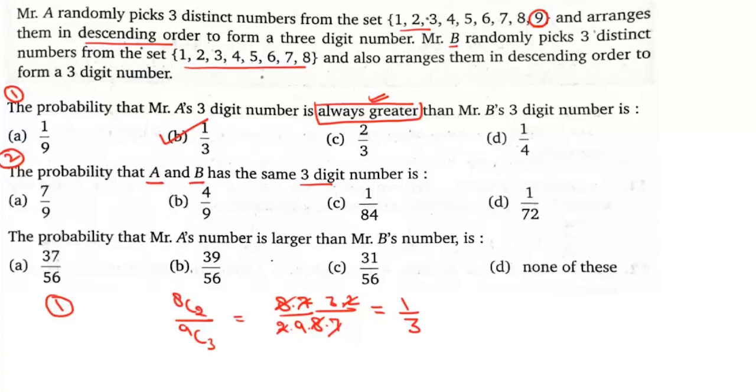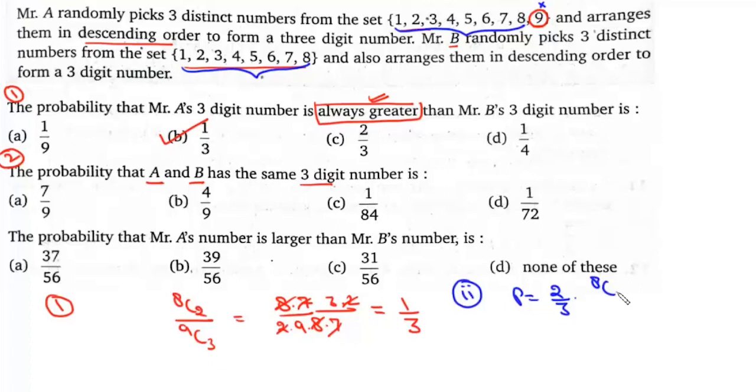Now for the second part, they'll have the same 3-digit number if Mr. A picks 3 numbers from 1 to 8 and Mr. B also picks numbers from 1 to 8. Now for this, A must not pick 9. The probability that A is going to pick 9 is 1 by 3, so the probability that A will not pick 9 will be 2 by 3. Now we have 8 numbers available to both, and from these 8 we have to select any 3.